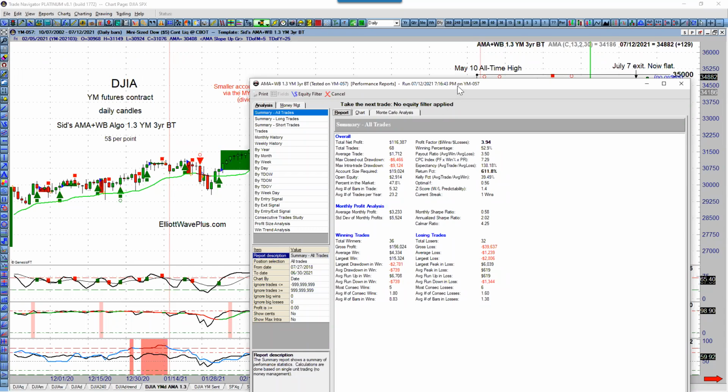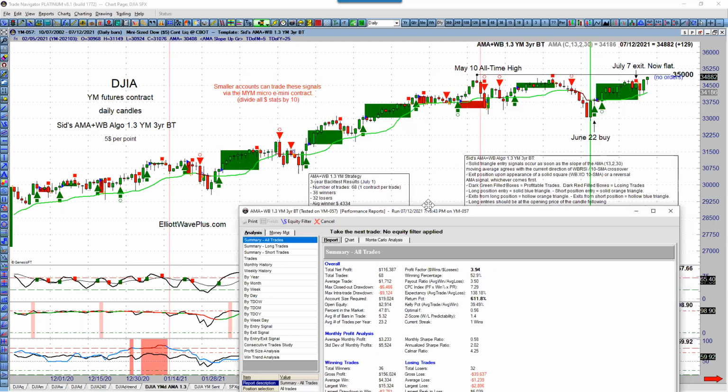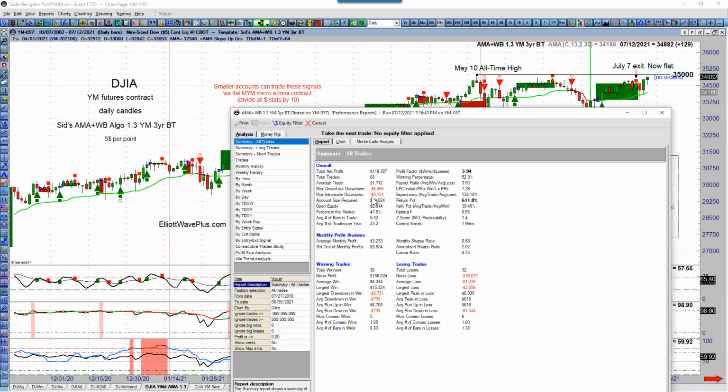Now, if a person didn't have that much money in a futures trading account, but wanted to use these signals, they can do so. They can take these identical signals here and use the MYM micro E-mini contract, which is 1/10 the size of the YM contract. So that would require an account size of only $2,000. And the average winner would be 1/10.